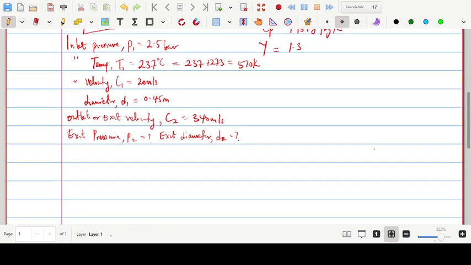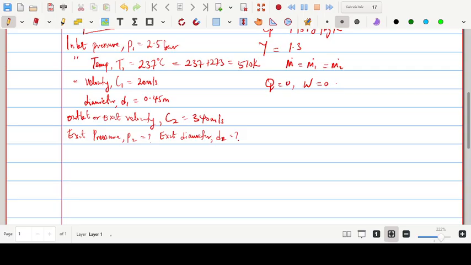For a steady flow, it means that m dot, the mass flow rate at the inlet, must be equal to the mass flow rate at the outlet. For the adiabatic process, that tells us that our Q will be 0, and our W will be 0.